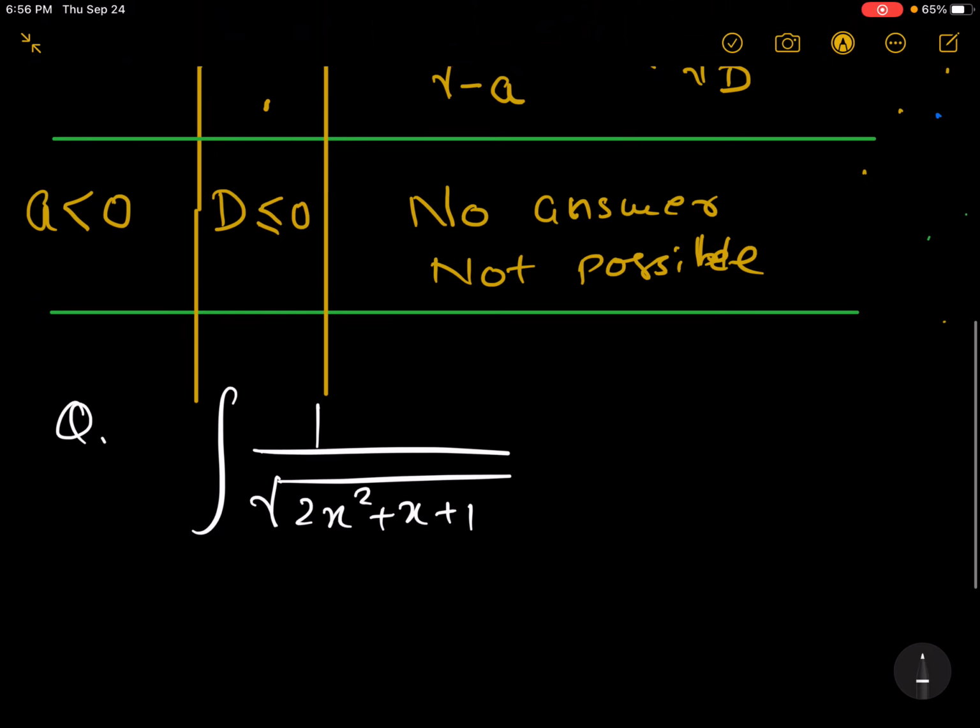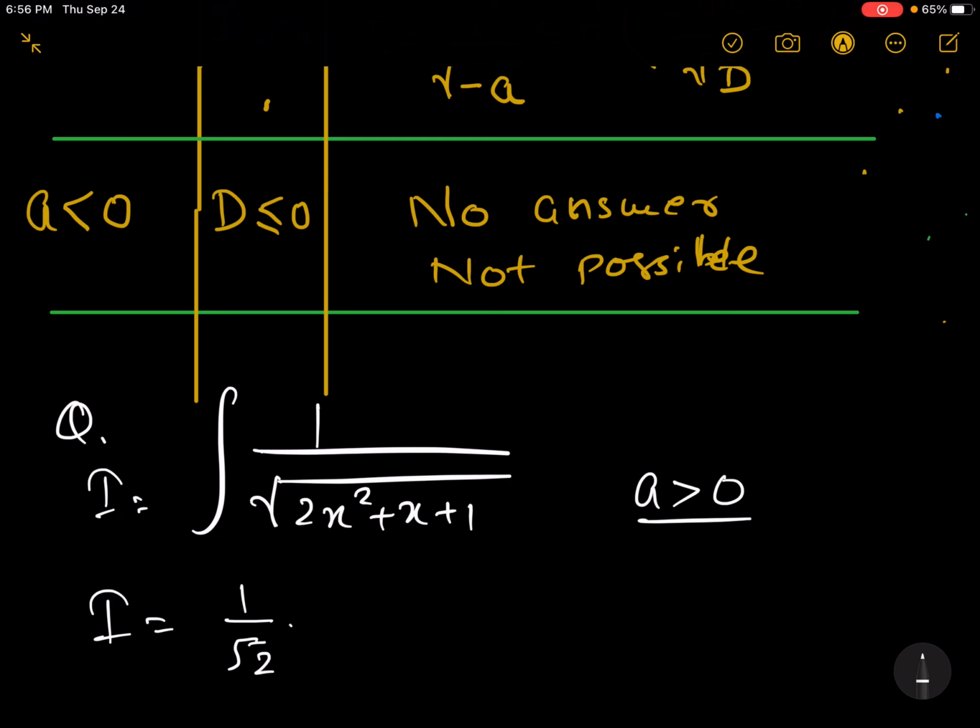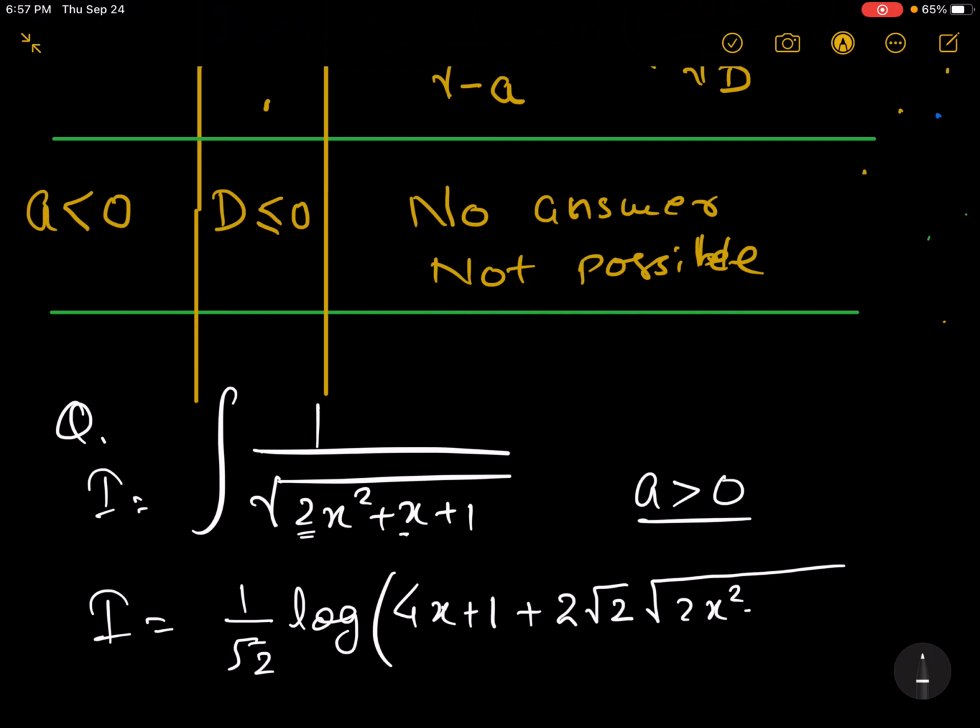Here a is greater than 0, therefore we can directly write the answer: 1 upon square root a, means square root 2, log of 2ax, which means 4x plus 1 because b is 1, plus 2 square root 2 and square root of 2x square plus x plus 1.